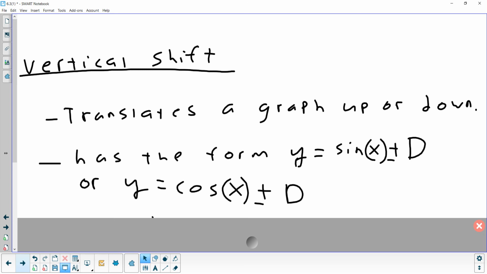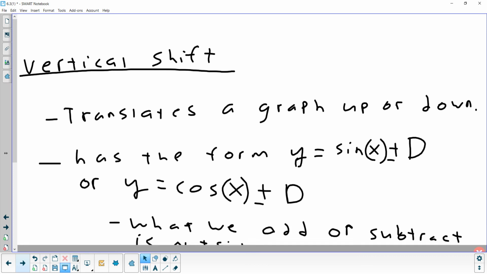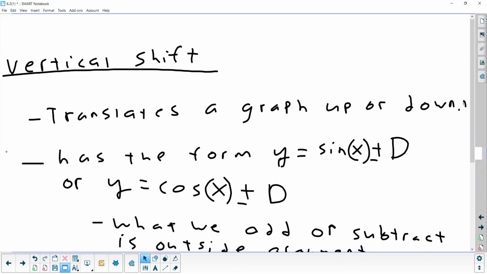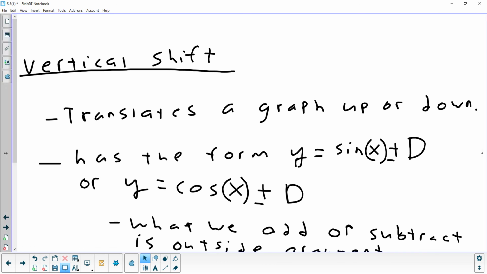When we study multi-step transformations, you will probably be able to guess why I use D for that. Okay, so D is what we call the vertical shift amount. What you're adding or subtracting is outside the argument.